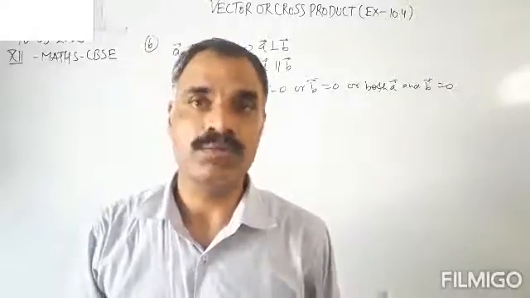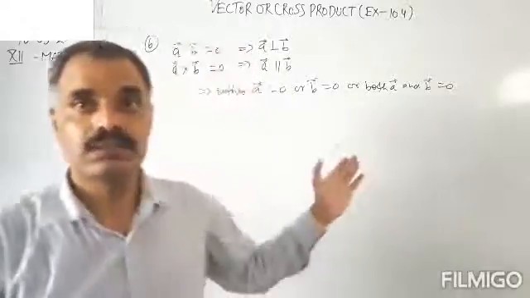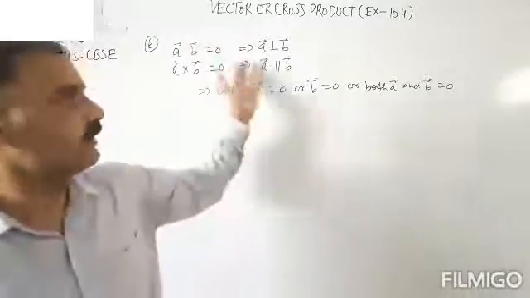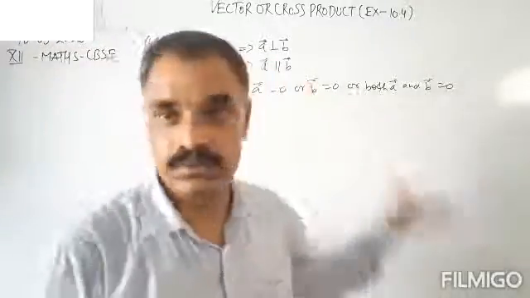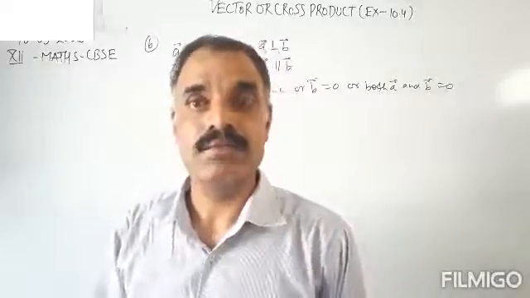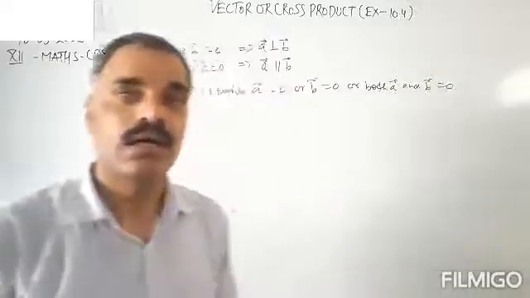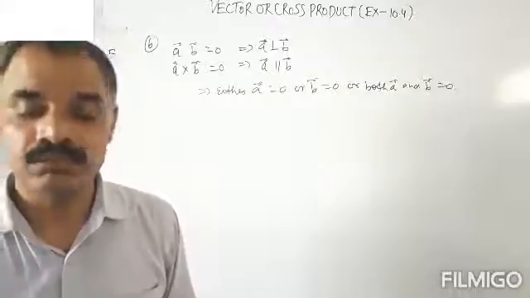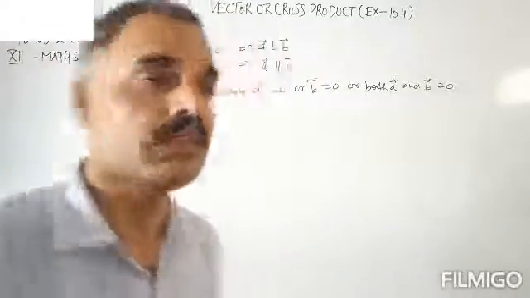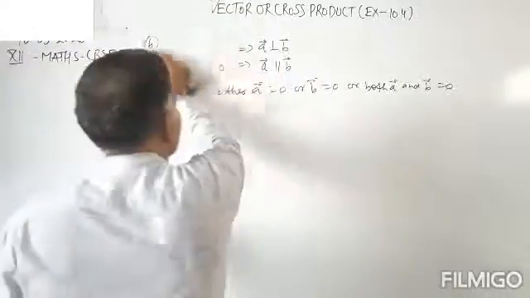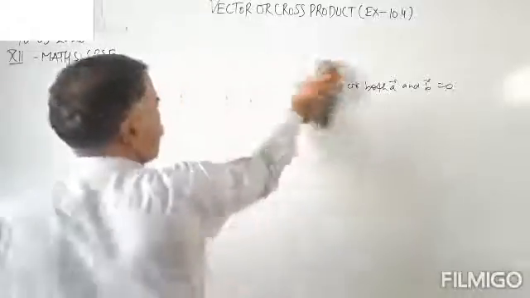Dot product of two vectors equals 0 in this case, and the cross product of two vectors is also 0. The same condition holds in both the cases, that is why either a vector equals 0 or b vector equals 0 or both the vectors are 0 vectors.